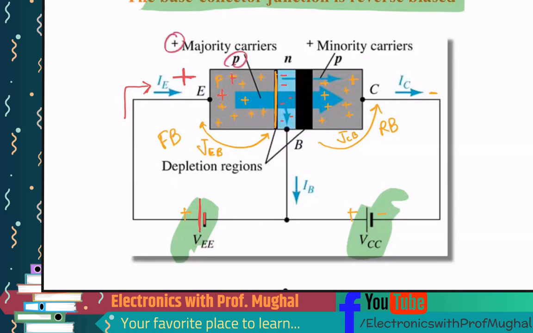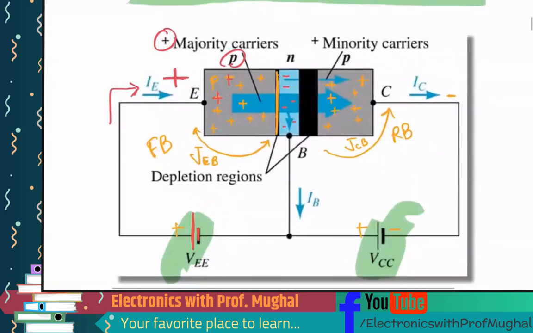Majority carriers positive, they are going to repel each other, so they are going to push, they are going to move in this direction, correct? What happens when all these positive charge carriers go into this base? This is the base, right?